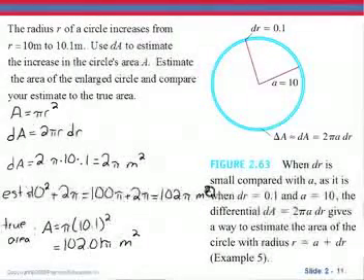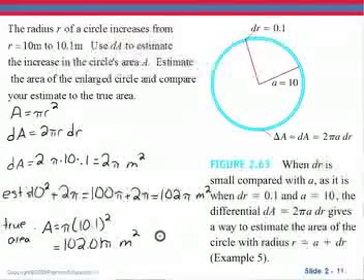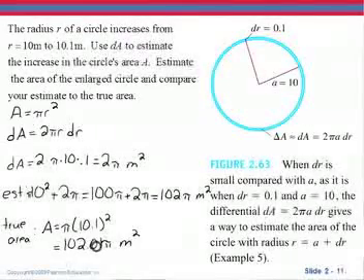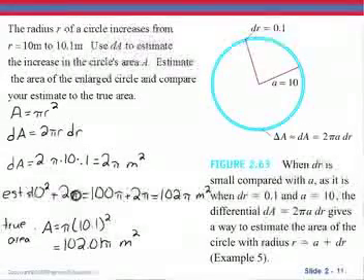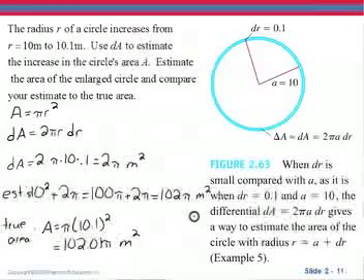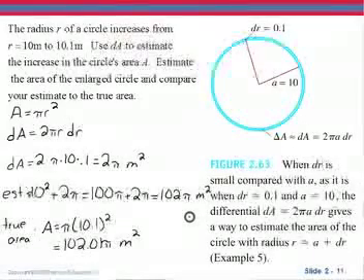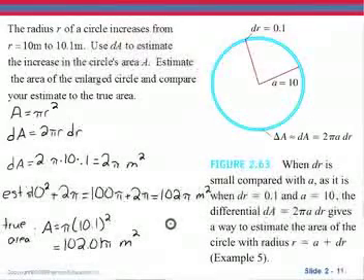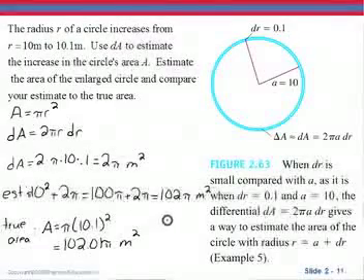And of course, this should have had meters squared on it also, since we were dealing with area here. But our true area is 102.01 pi meters squared. Our estimated area using differentials was 102 pi meters squared. So we really were not off by very much using this method of estimating using a linearization.